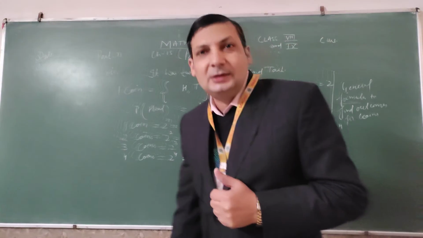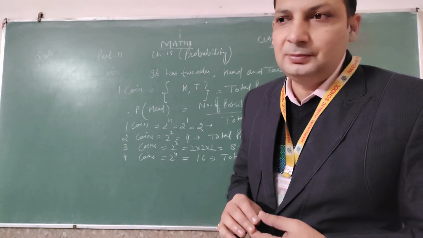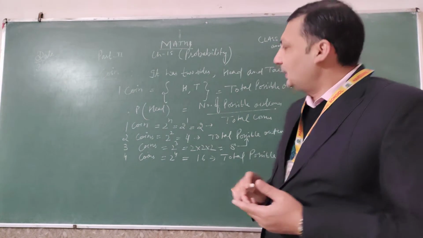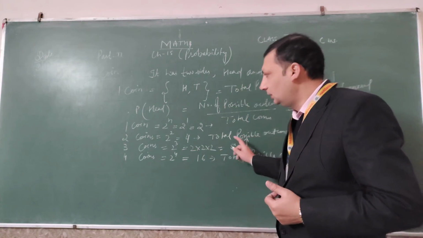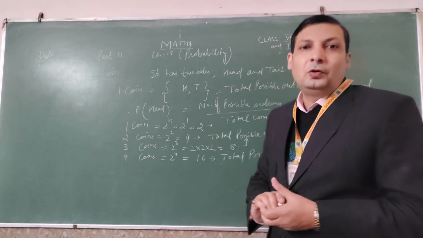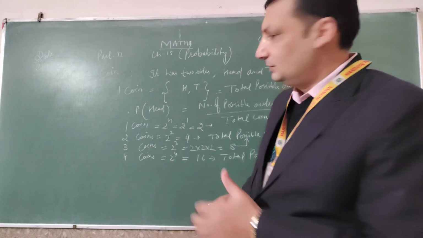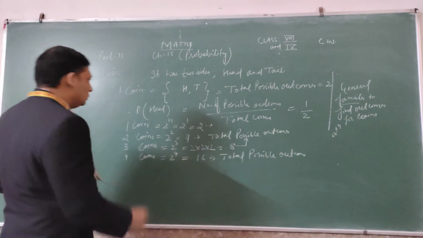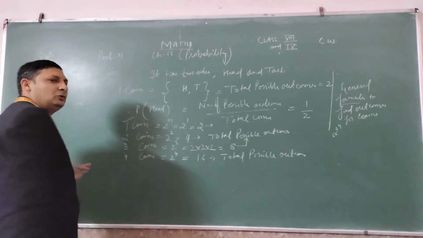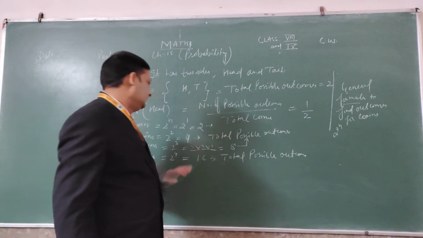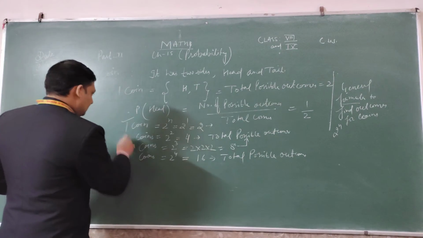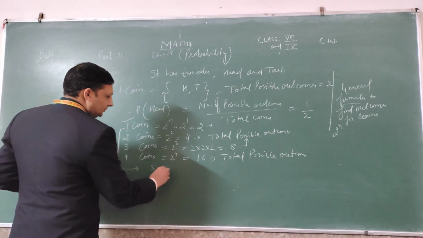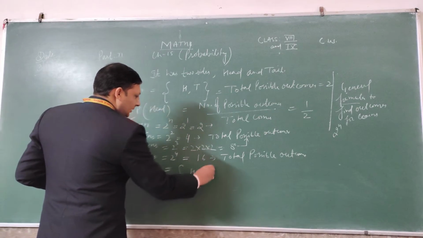Now the question will arise: how to write the total possible outcomes, how to write the sample space. We can use any experiment, maybe 1 coin, maybe 2 coins, maybe 3 coins or 4 coins, in the general form. See, now suppose I am talking about 2 coins. For 1 coin it is very simple to write the sample space: head comma tail.